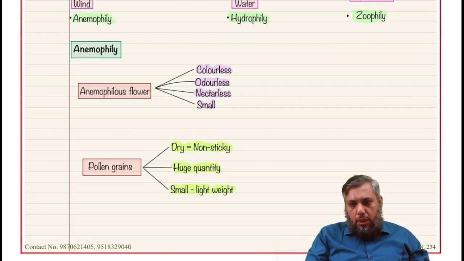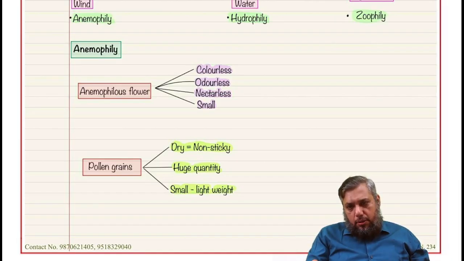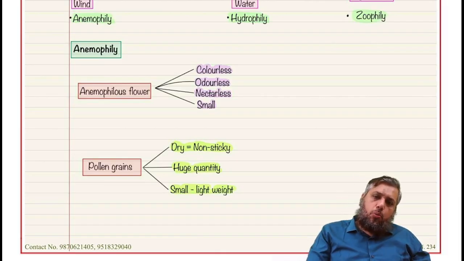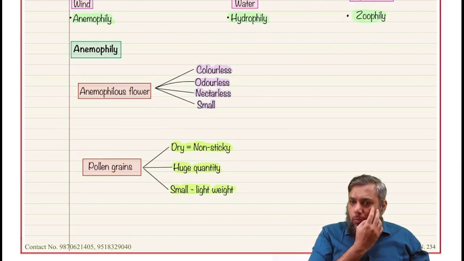Rather than that, it will show some adaptations which will help the dispersal of a large quantity of pollen grains from that particular flower because wind as an agent can move in any direction. So it is not very sure shot where the wind is going to flow.